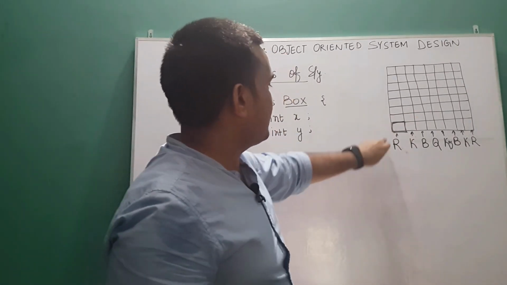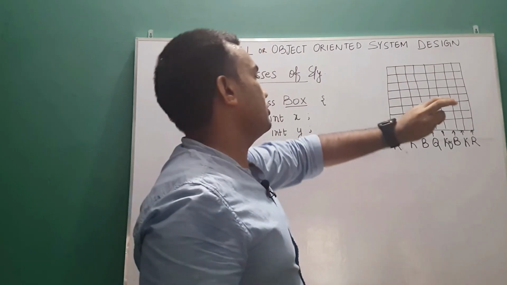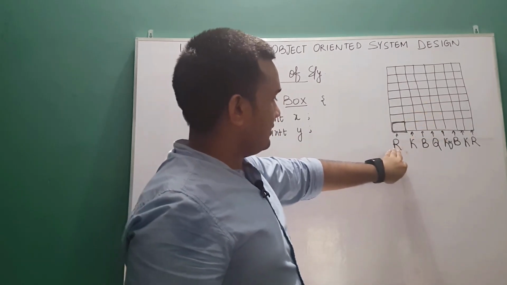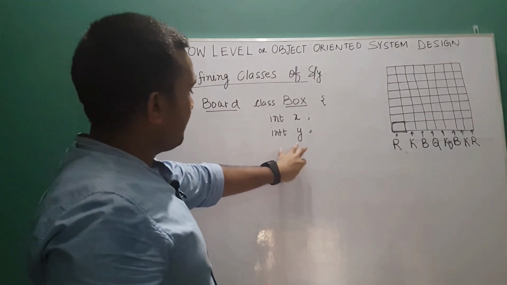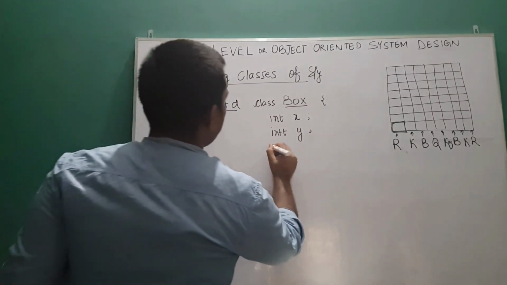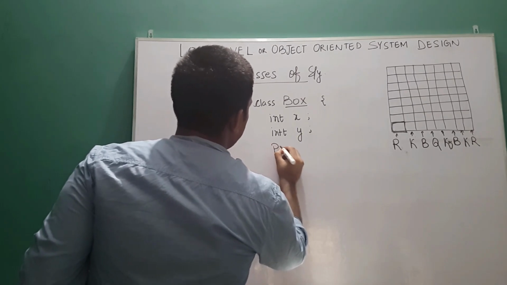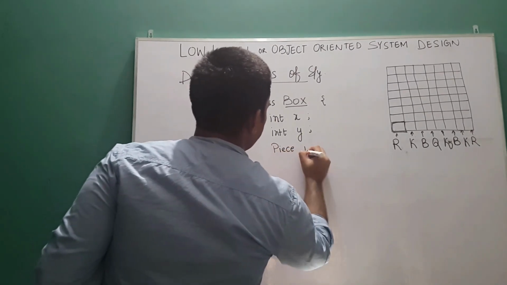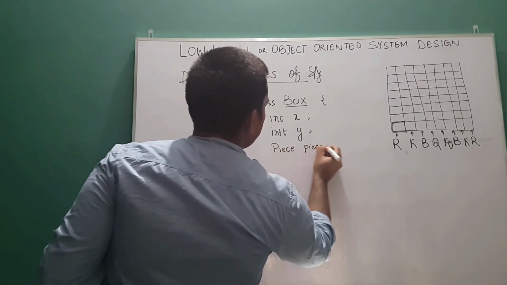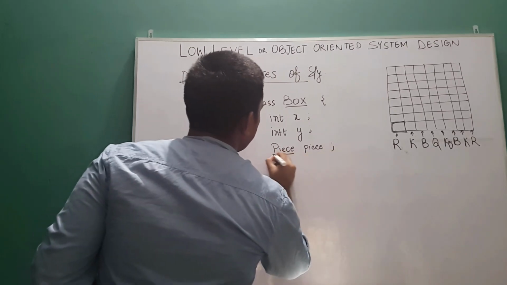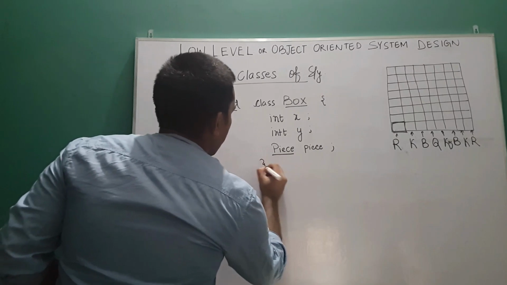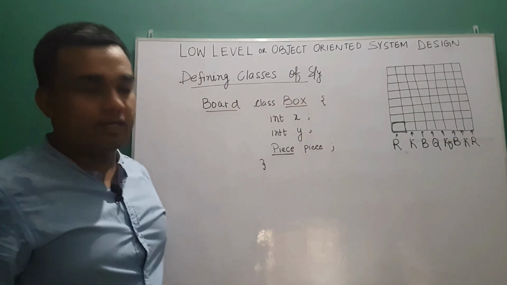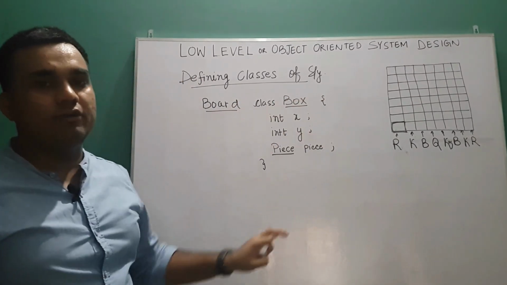So for example, if you consider position 0,0 here, it contains a rook. So we can now define piece here. Piece will be of type Piece, so you have to define one more class which will be Piece.